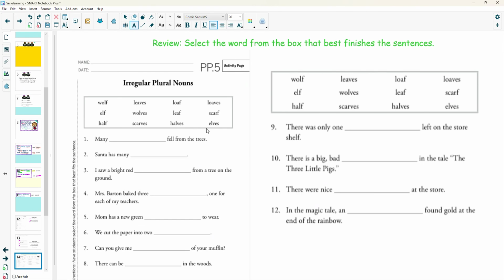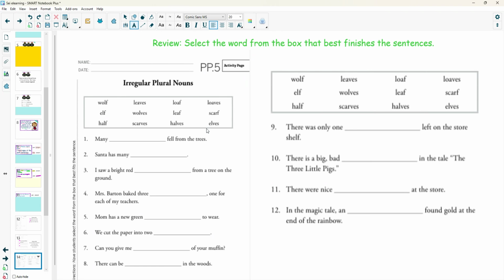Number 2, Santa has many blank. Number 3, I saw a bright red blank from a tree on the ground. Number 4, Mrs. Barton baked 3 blank, 1 for each of my teachers. Number 5, Mom has a new green blank to wear. Number 6, we cut the paper into 2 blank. Number 7, can you give me blank of your muffin?